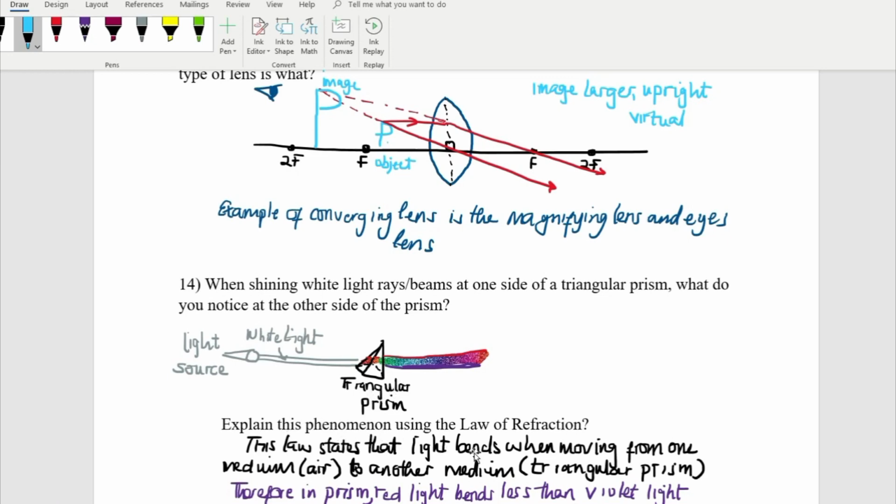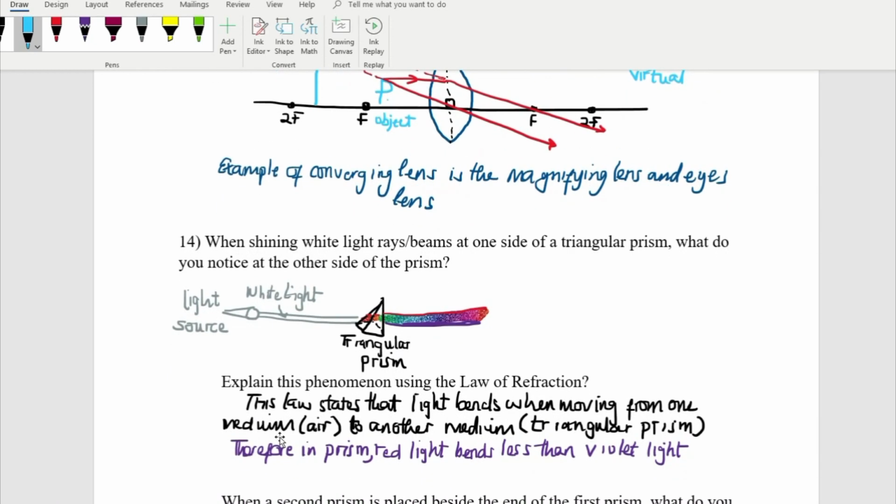This is due to the law of refraction, where once light travels from one medium to another, light bends, which results in the formation of the visible spectrum. Red light bends less than violet light, which is what we have right here, versus that one what we have right there.